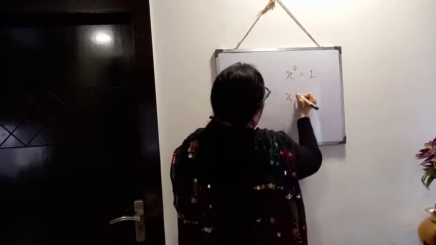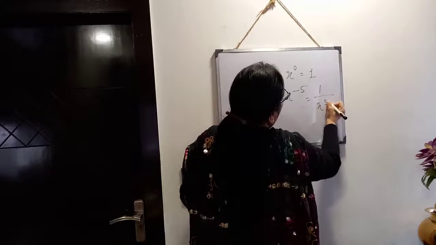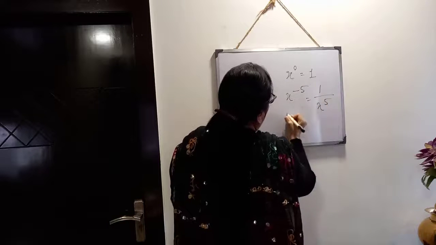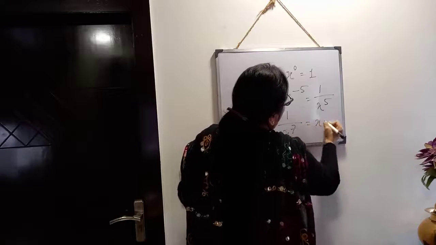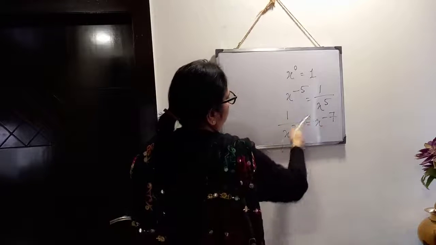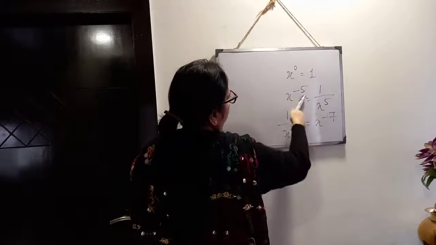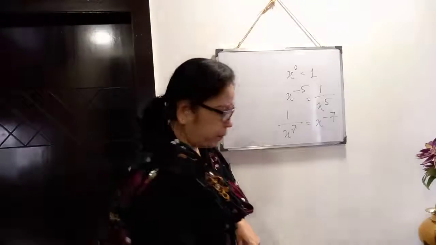And if any power is negative, then we can write it in this form. It will come in the denominator, or we can also write x to the power minus 7. So when it goes to the numerator, the power will be negative, and when it comes in the denominator, it will become positive.